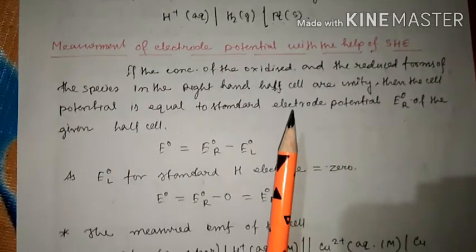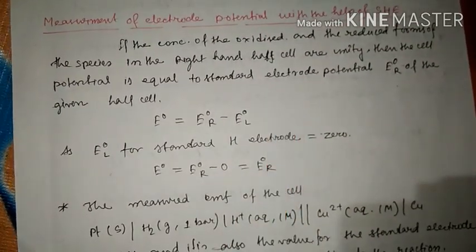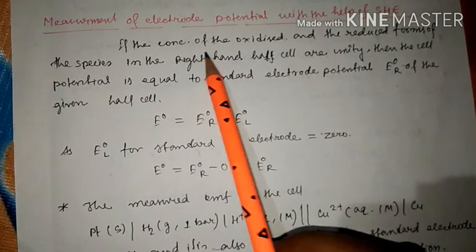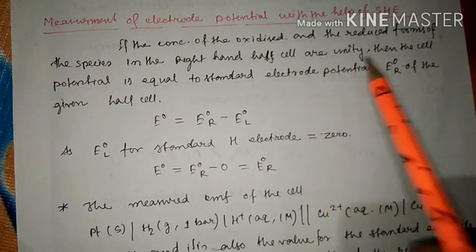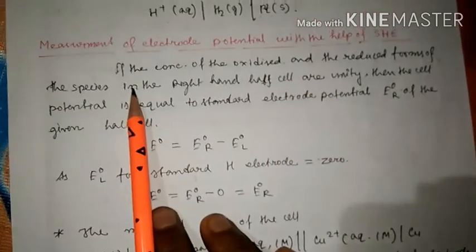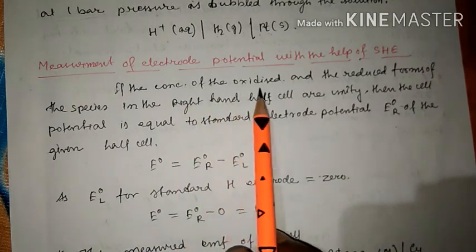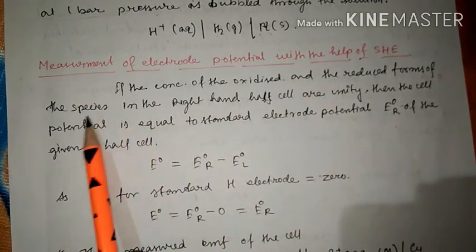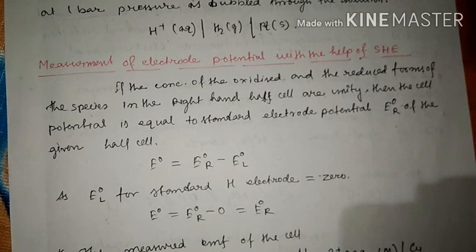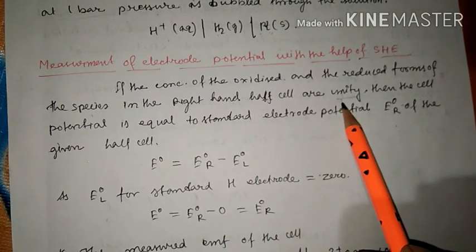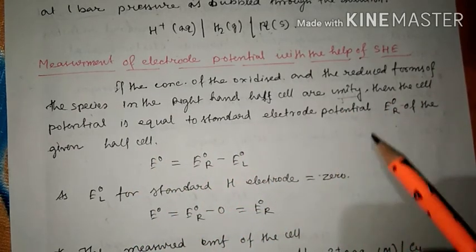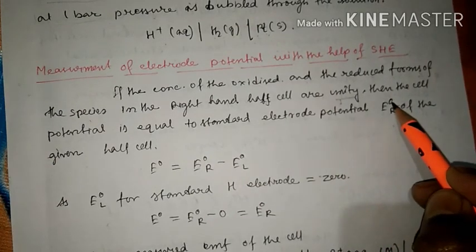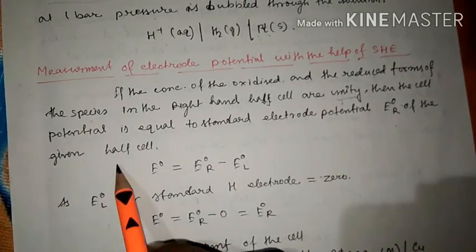If the concentration of the oxidized and reduced forms of the species on the right hand side and left hand side is unity, that means 1, then the cell potential is equal to the standard electrode potential and is designated as E naught of the given cell.